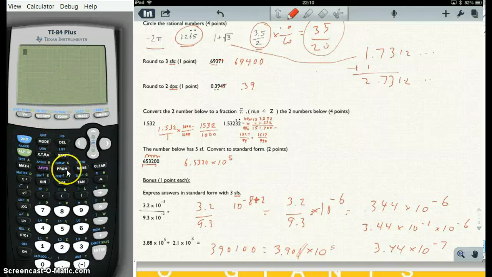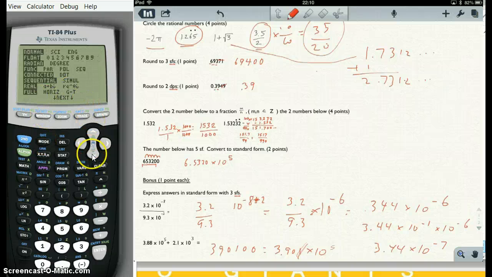Okay, so now maybe whatever I put in, it's going to print out as a fraction. So I'm going to do 1.532 divided by 1. Well, no, that didn't work. Okay, so I need to figure out how to do that later. Let me see if I can see.